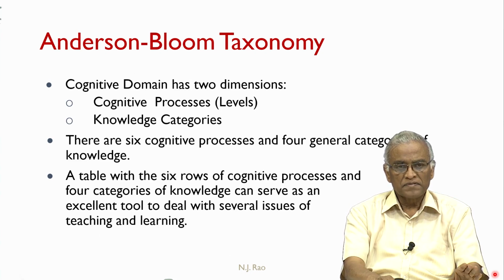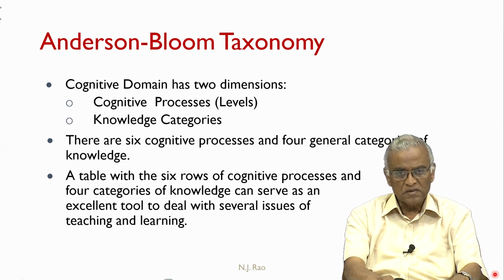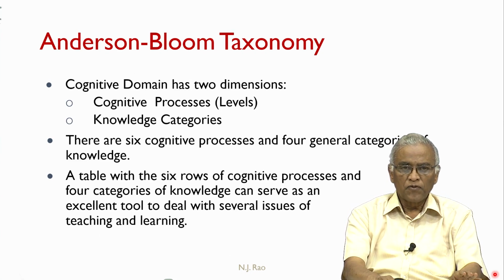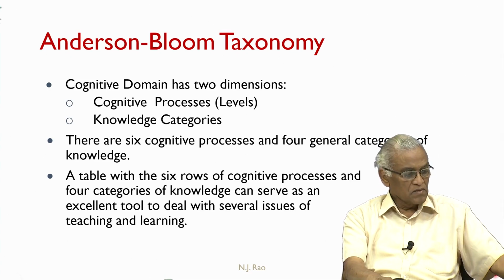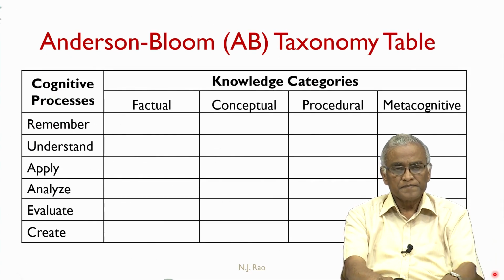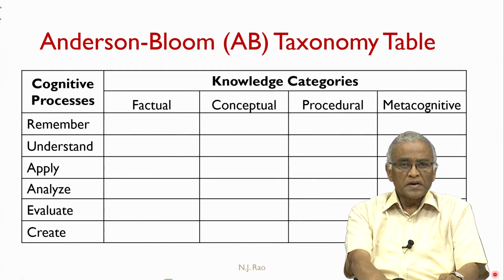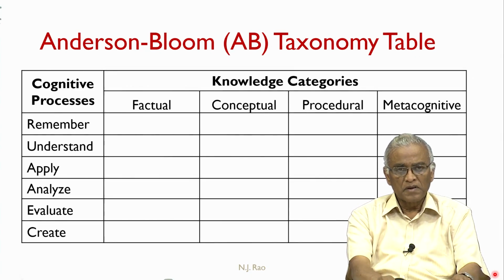This table will have 6 rows of cognitive processes and 4 categories of knowledge, which can serve as a tool to deal with many issues related to teaching and learning. Let us take a look at the table. We call it the Anderson-Bloom taxonomy table, or just the AB taxonomy table.